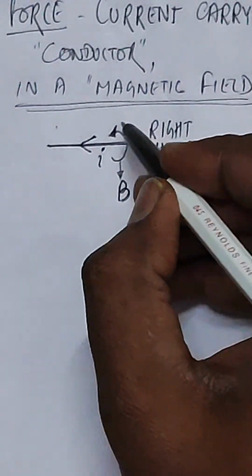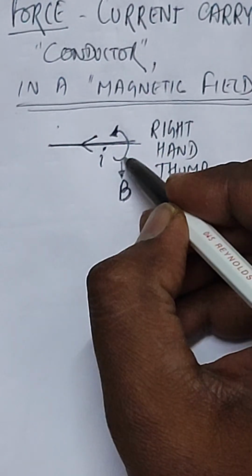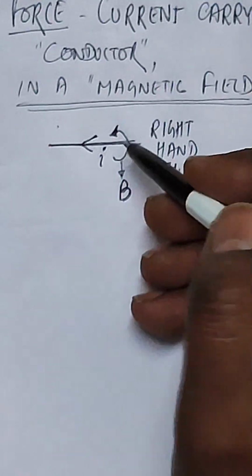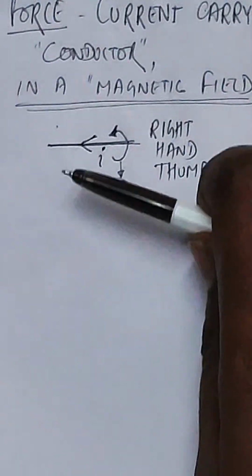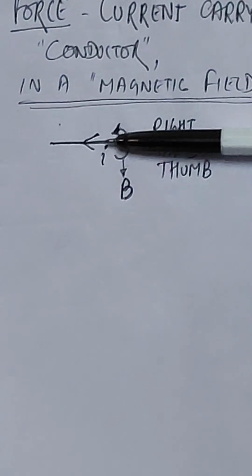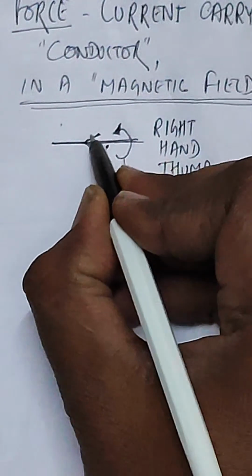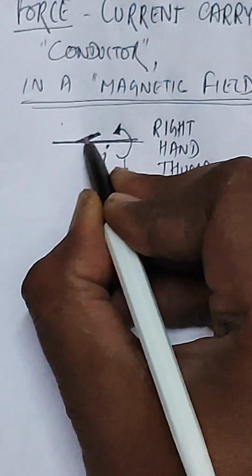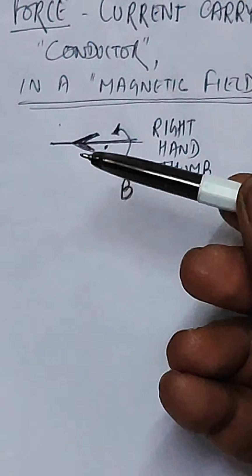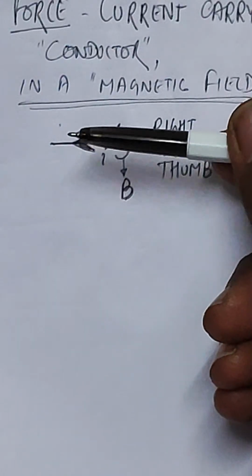Now you can see why the direction of B is anti-clockwise. So my dear friends, let us understand. If this is the direction of the flow of current, from right to left, then the point of this pen is pointing in that direction.